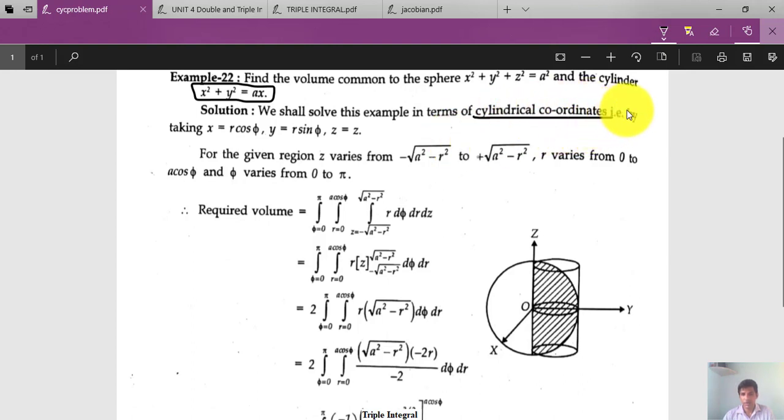As I said, if you are solving it in terms of cylindrical coordinates, you can also solve it in terms of spherical coordinates.